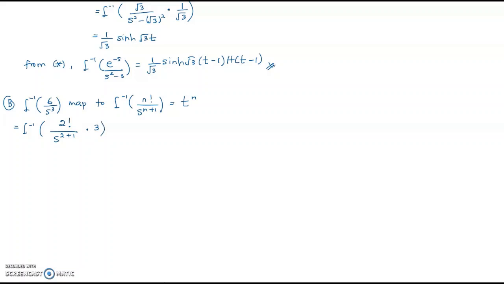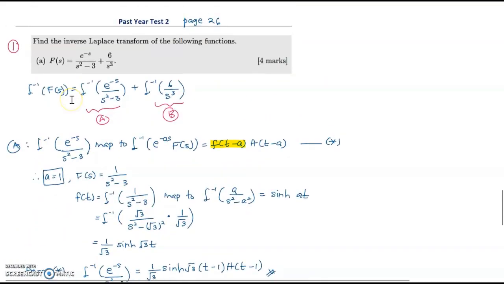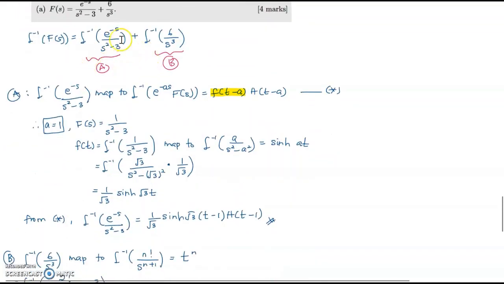By the linearity property, this is then 3 times the inverse of 2 factorial over s to the 2 plus 1, which is given by t to the power of n, which is t to the power of 2. So this is part B. All right, so now our answer: if we go back to the original expression, the final answer should be a plus b.